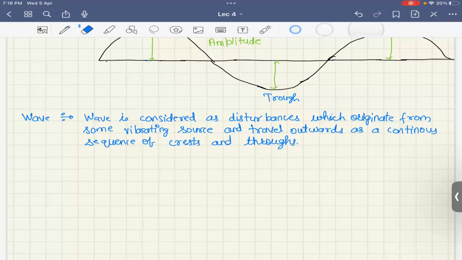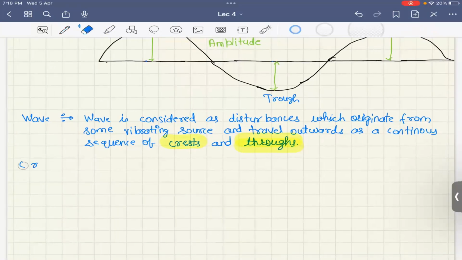Right? So now what is crest and trough? Let us write this down.